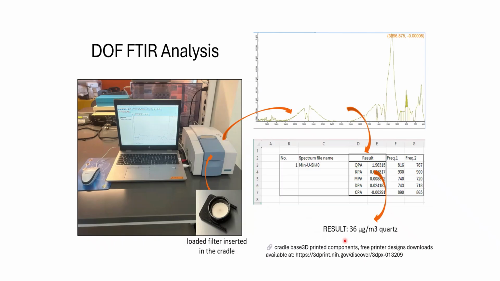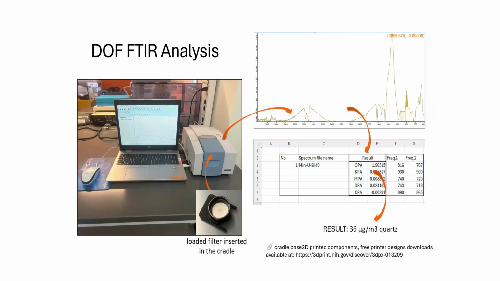In this work, we are doing the DOF FTIR using an Alpha 2 compact FTIR spectrometer and the associated OPUS software. Notably, the OPUS software is used to output relevant spectral peak areas that should correlate to the quartz mass.